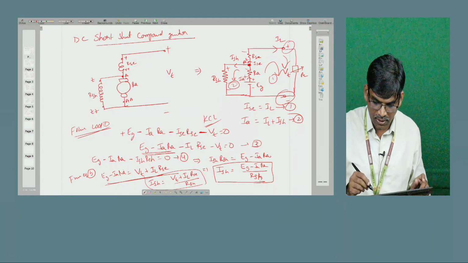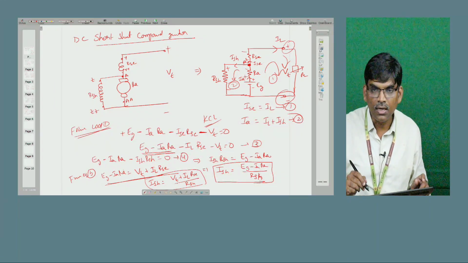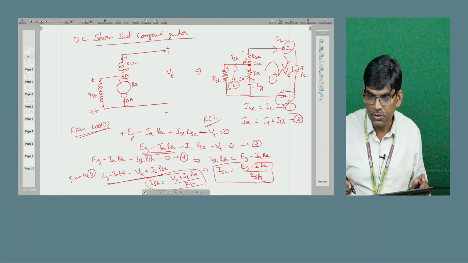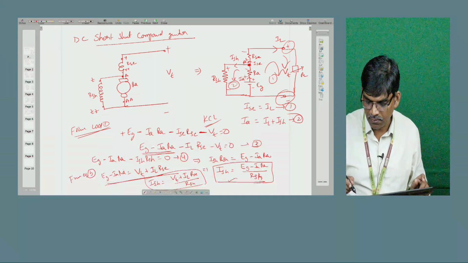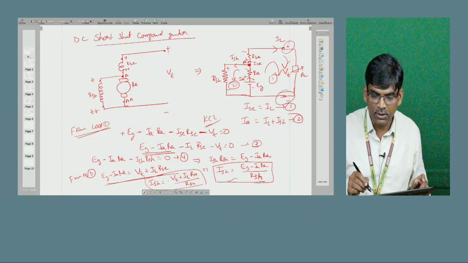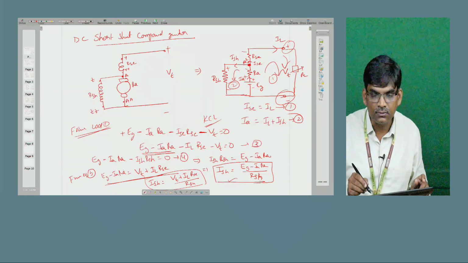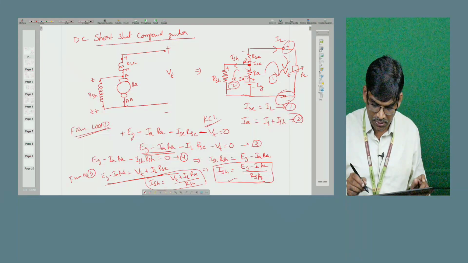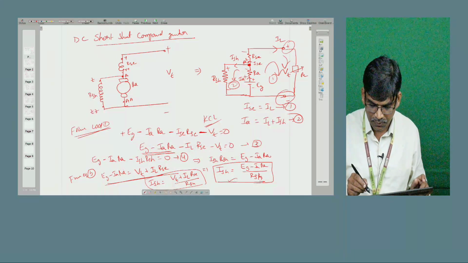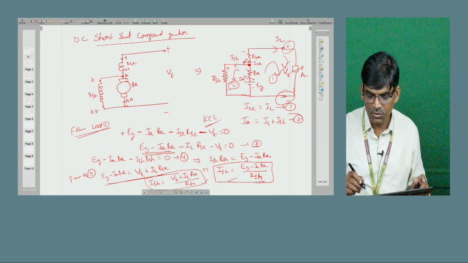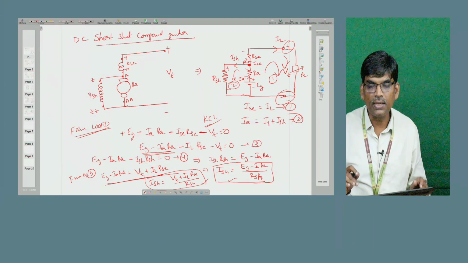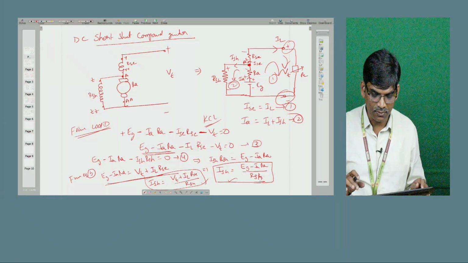We use either this equation or this equation. If the induced EMF is known but the terminal voltage is not known, we use the first formula to calculate ISH. Generally the terminal voltage is given for any generator, so from this equation we can calculate the ISH value: Vt plus IL RSC by RSH. By using these two equations we can calculate the ISH and RSH values.